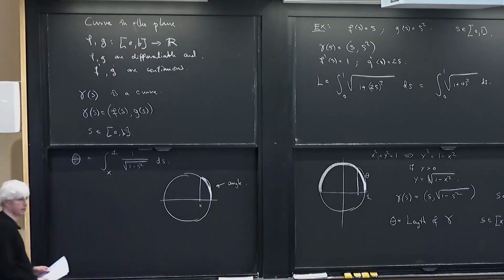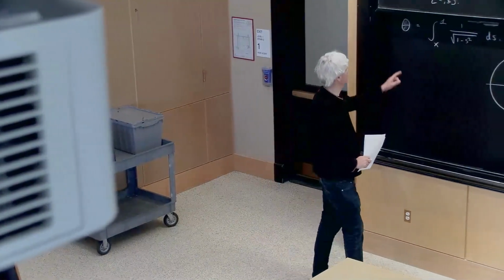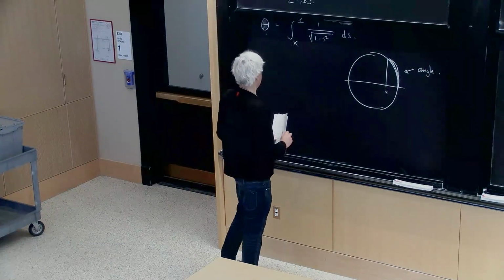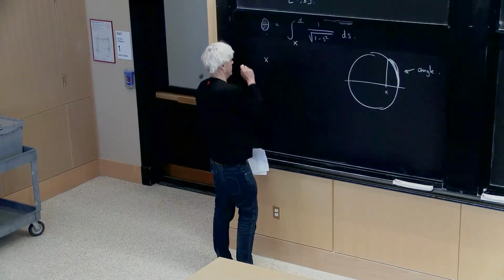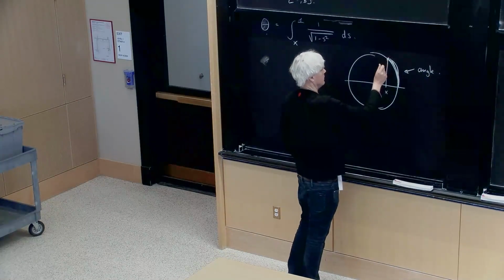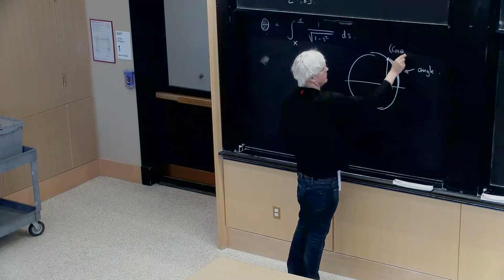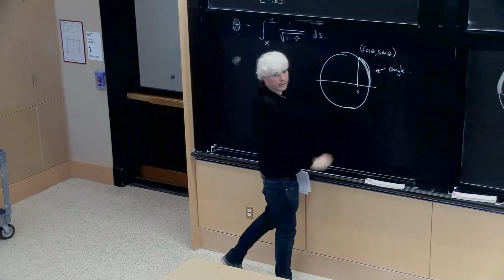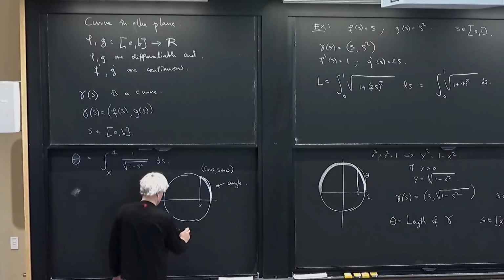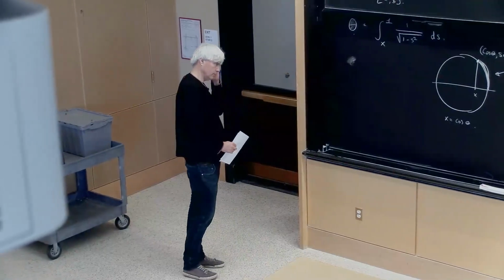So theta is the angle, and this point here is cosine of the angle, comma sine of the angle. So this means that x is actually cosine of the angle.